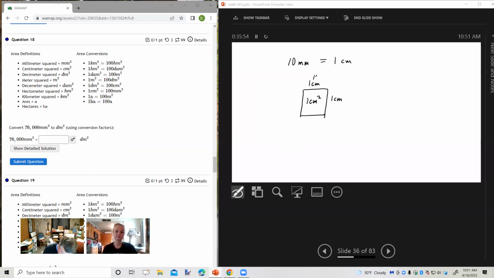But it's also equal to 10 millimeters by 10 millimeters, which would be 100 square millimeters, okay? Because you're taking 10 times 10. So 100 square millimeters is 1 square centimeter. 100 square centimeters is 1 square decimeter. 100 square decimeters is 1 square meter, etc., etc.